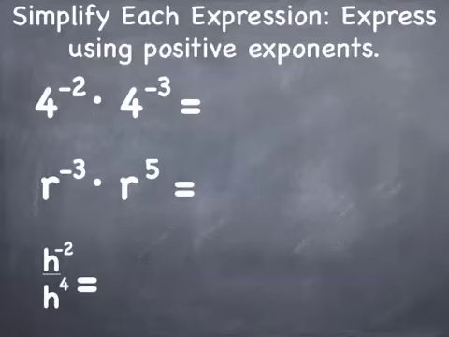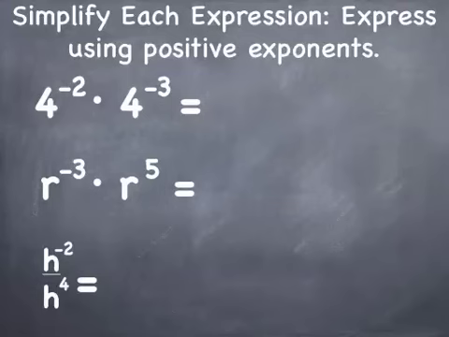This asks us to simplify each expression expressed using positive exponents. So my answer should only have positive exponents in it. 4 to the negative second times 4 to the negative third. This is going to go back to using my power rules with multiplying and dividing two powers with the same base. In this case, I'm multiplying two powers with a base of 4.